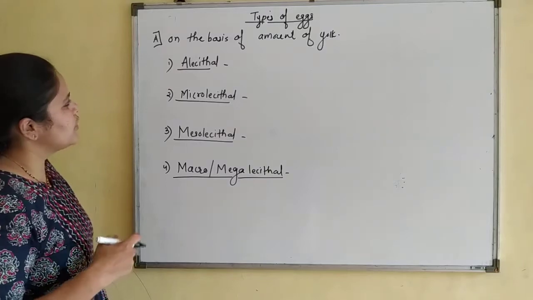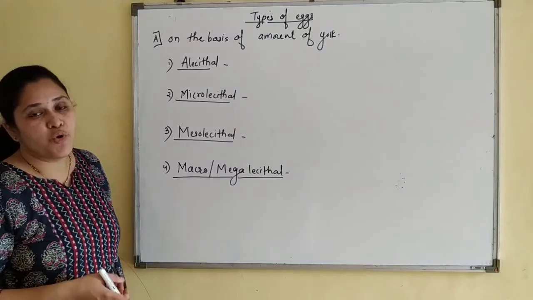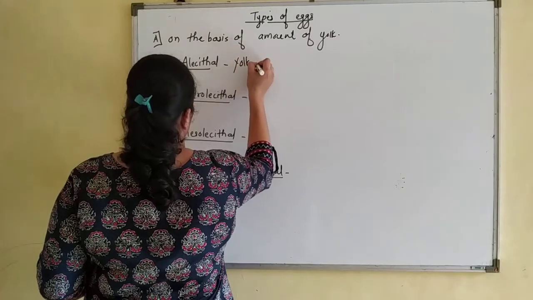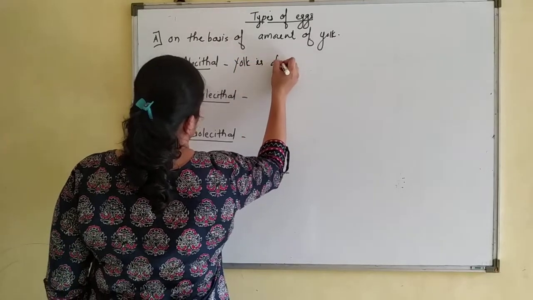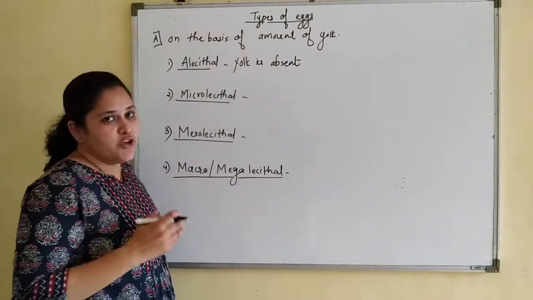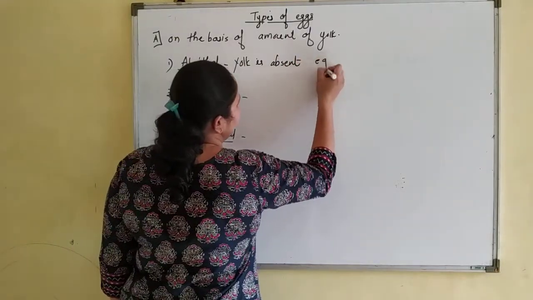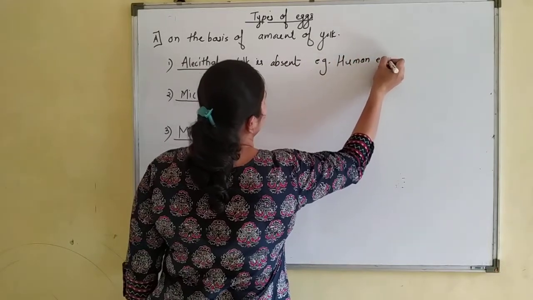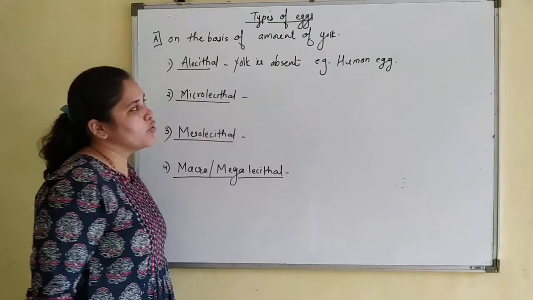Now let's see the first one. Alecithal means yolk is absent. So in alecithal eggs, yolk is absent. Example, human egg. In human egg, yolk is absent.